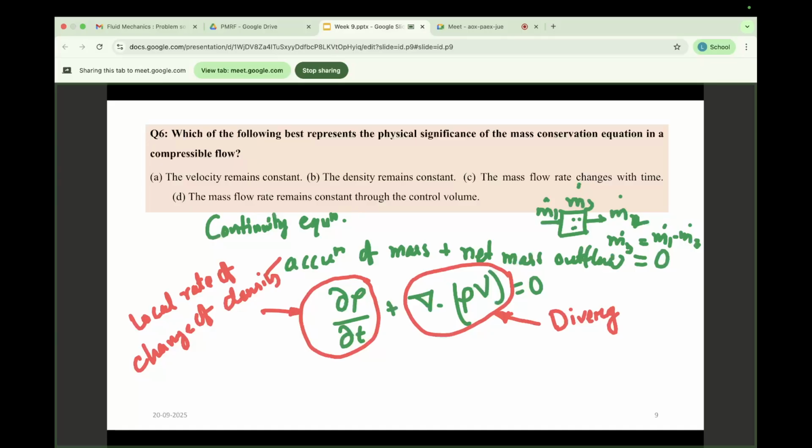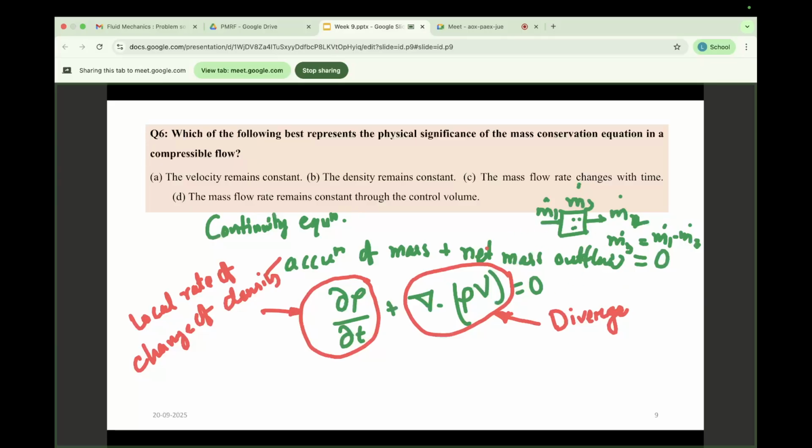It's the total, or the summation, of this. Say if I take a certain scenario, if 3 kg is entering the system and 2 kg is outflowing from the system, so what would be the net? 3 minus 2, that is 1.